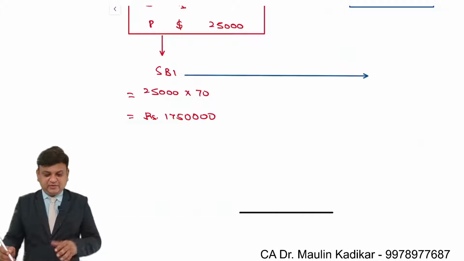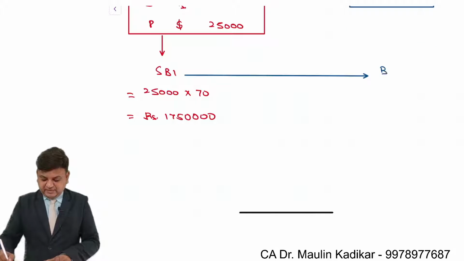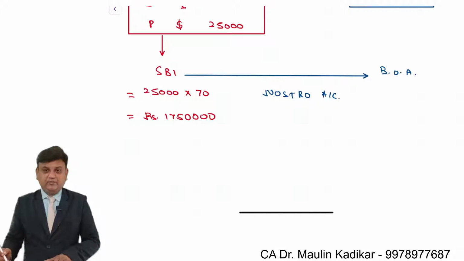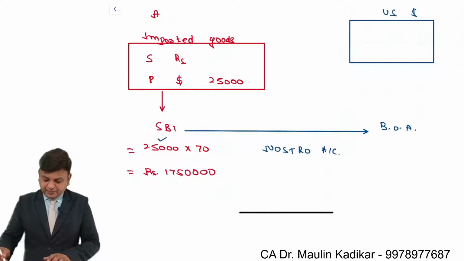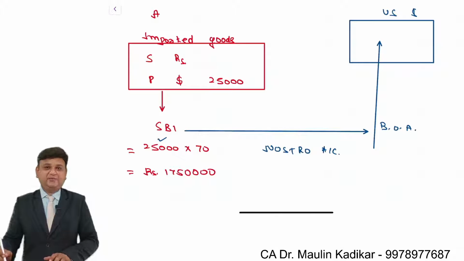That is, as per the information given, it is the Bank of America. In that it is having the account, and this account is given a name as the Nostro account. So from that account, this $25,000 will be transferred from Bank of America to the supplier's bank account.